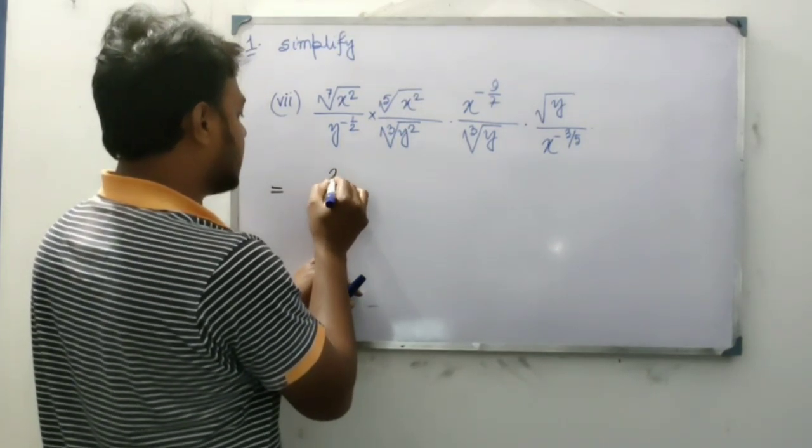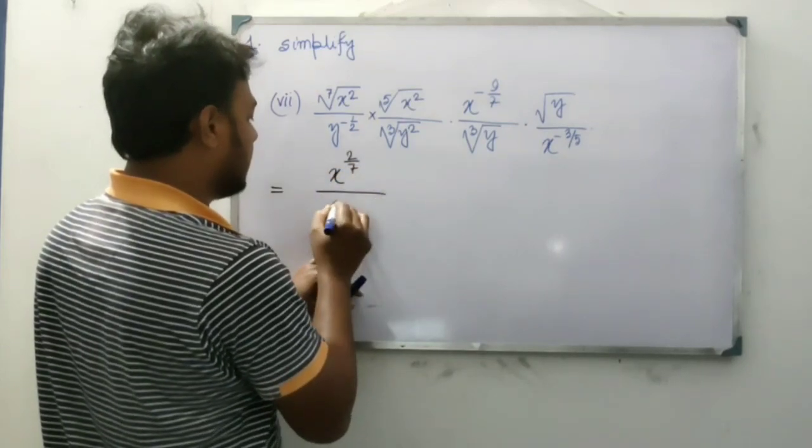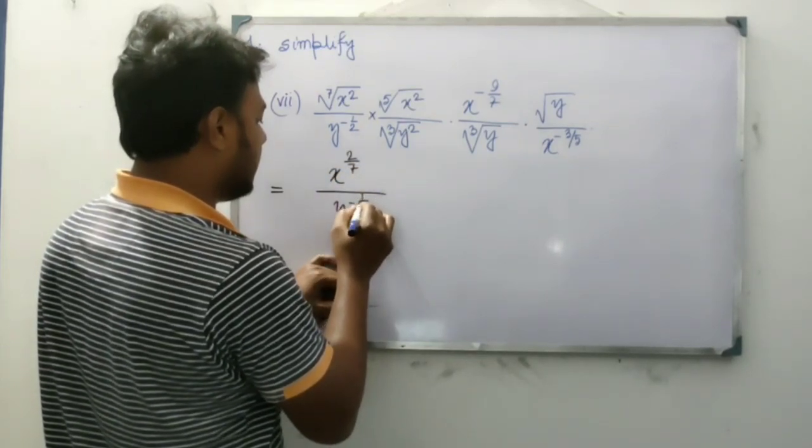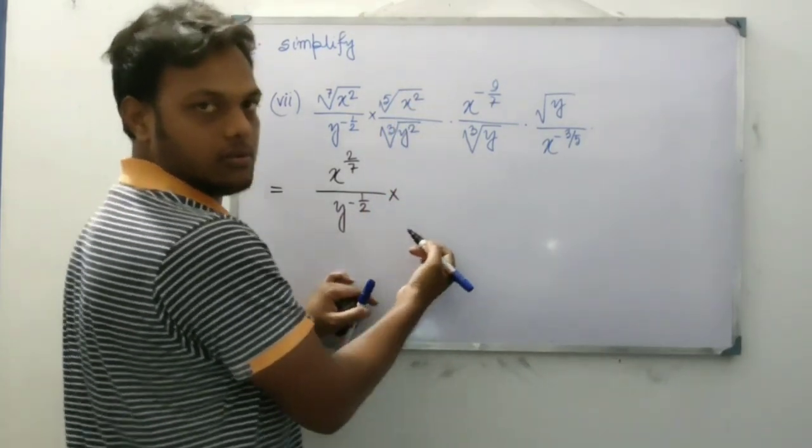So in the numerator, x to the power 2 by 7 over y to the power minus half was there, keep it unchanged, into, first remove the roots.